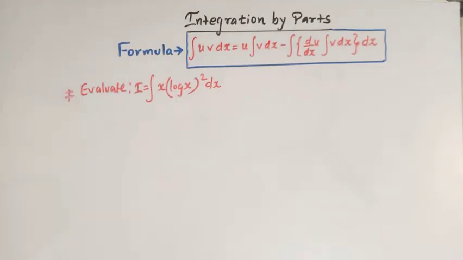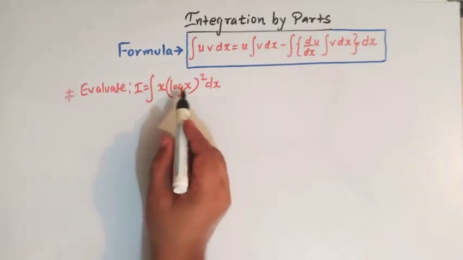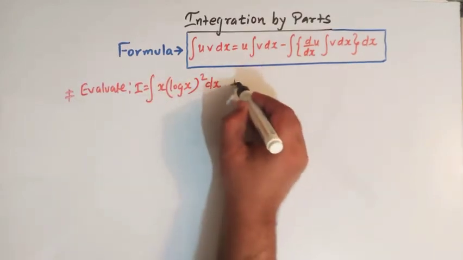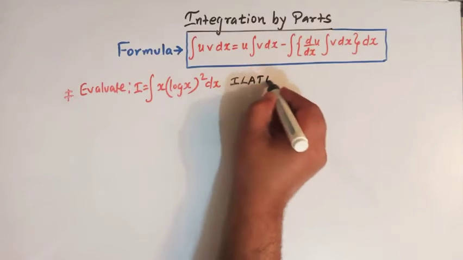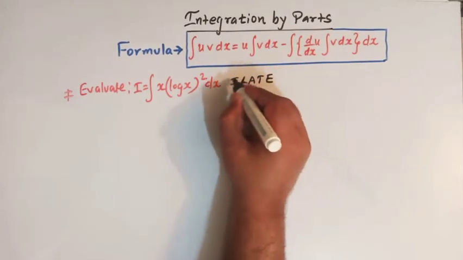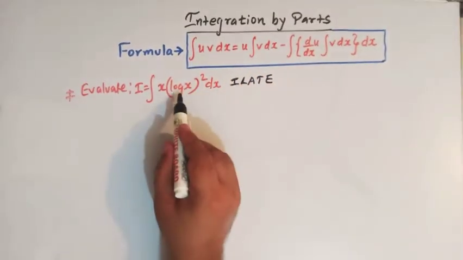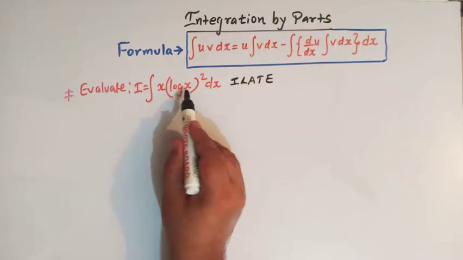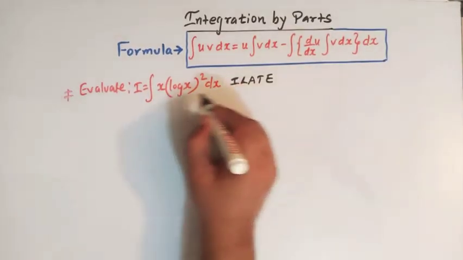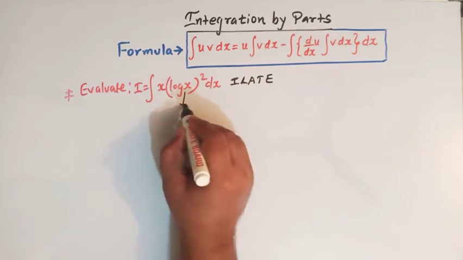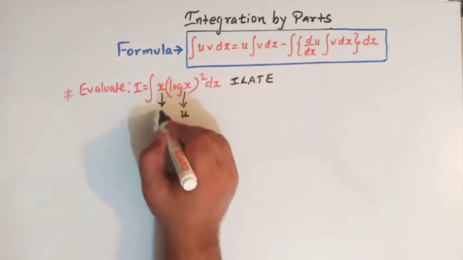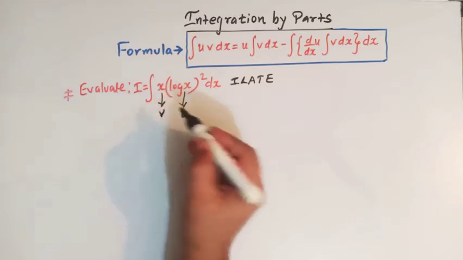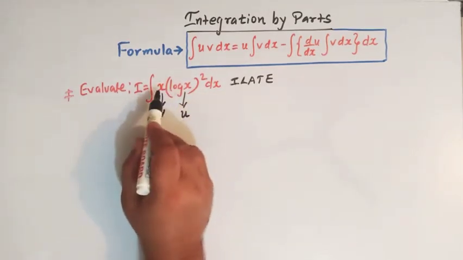Now here again we have the product of two functions. So again we will make use of the rule ILATE, and here this is the logarithmic function, so this can be taken as the first function, that is u, and this is an algebraic function, so this is taken as the second function.